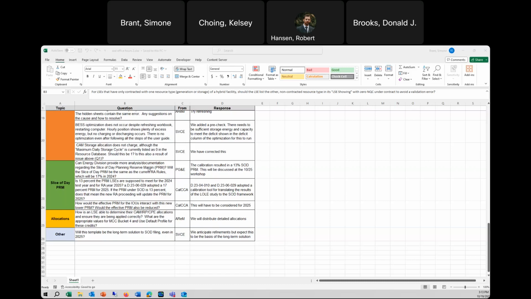And then all other flat profile CAM resources, which includes CPE resources, are included in your other CAM allocation category. So you can see that total amount in your requirements and allocations tab. That amount is going to get netted off of your system requirement in the hourly availability chart.